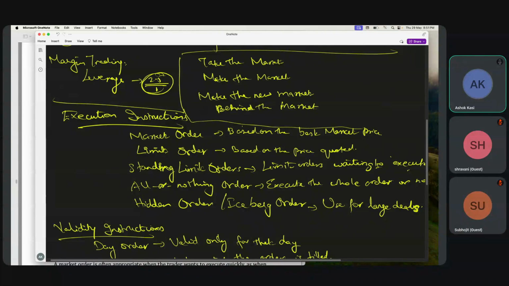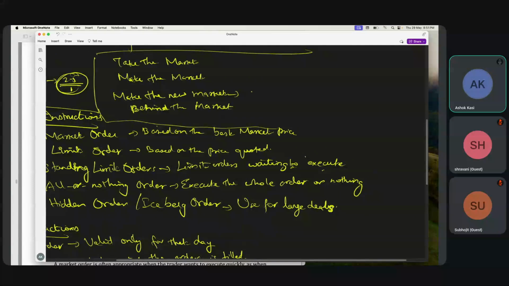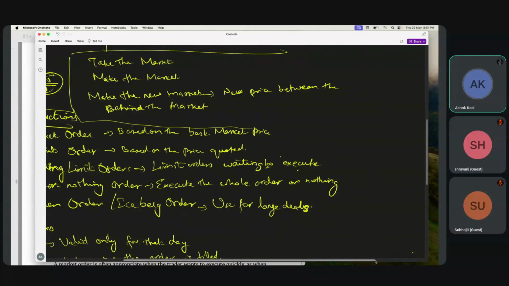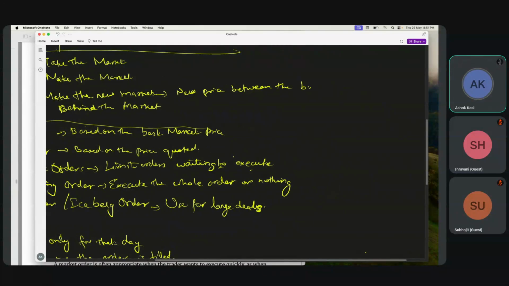Make the new market means a new price between the best buy and best sell price.